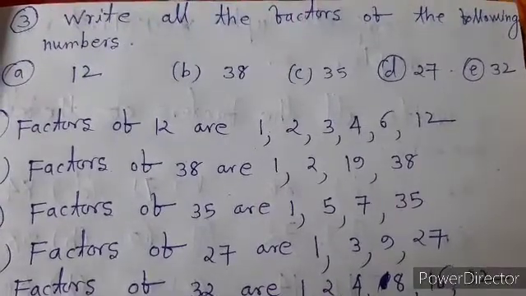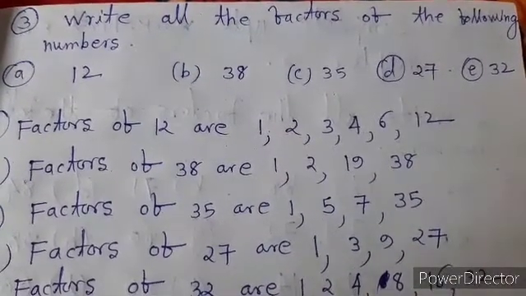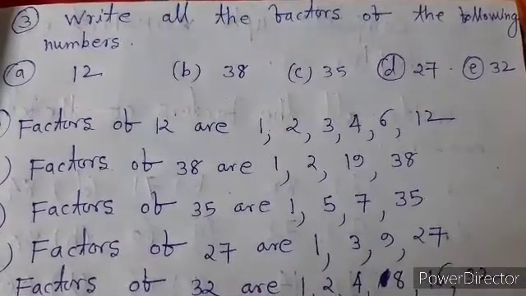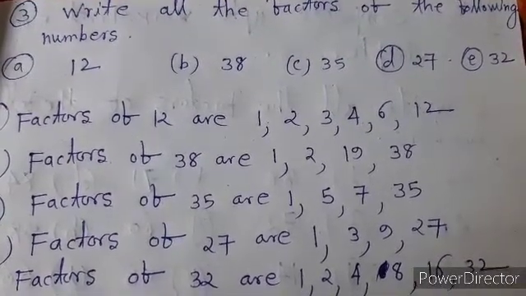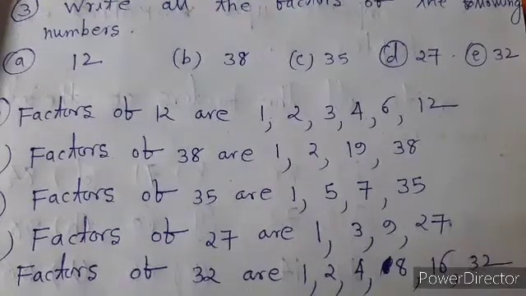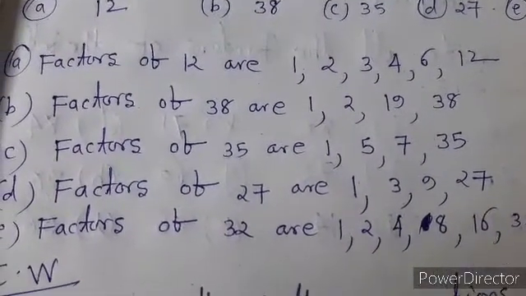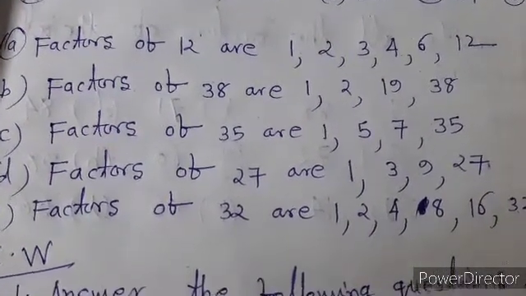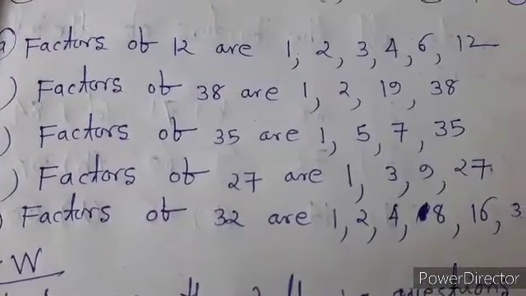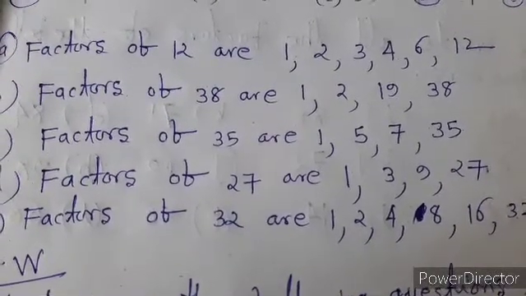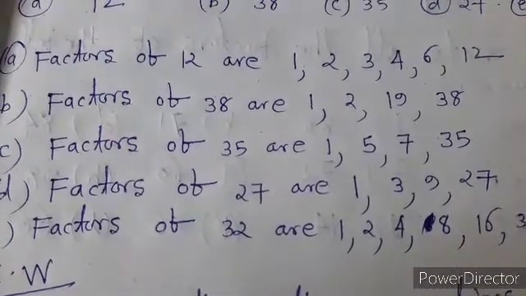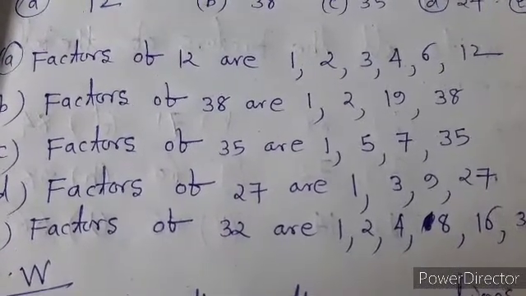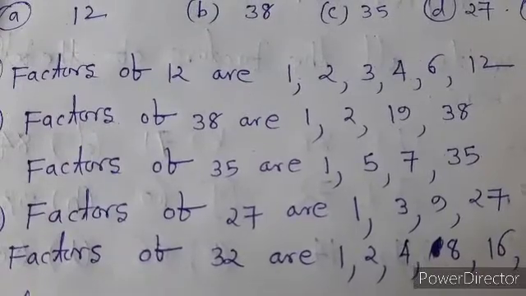Write all the factors of the following numbers: A 12, B 38, C 35, D 27 and E 32. We observe that the factors of 12 are 1, 2, 3, 4, 6 and 12. Factors of 38 are 1, 2, 19, 38.